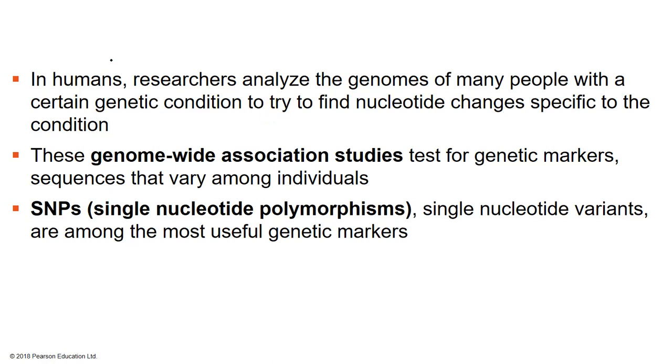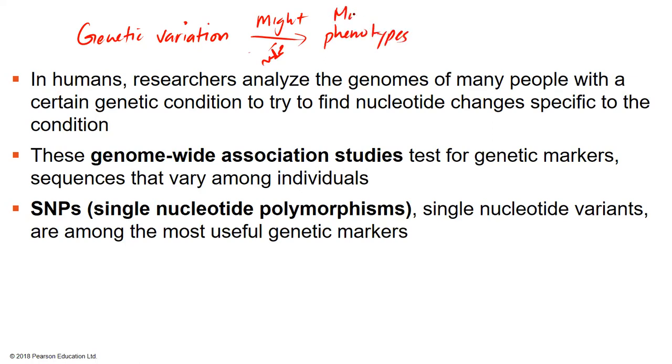So in humans, we have what we call genetic variations. Okay, تنوع جيني. And this genetic variation might lead to phenotypes, mutant phenotypes. Okay, and these mutant phenotypes might lead to disease.